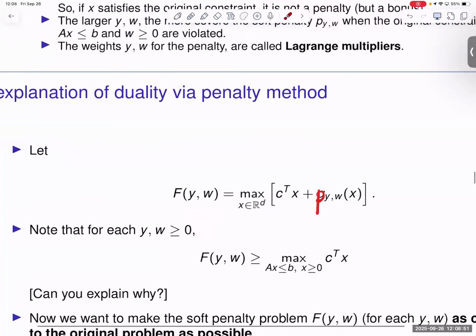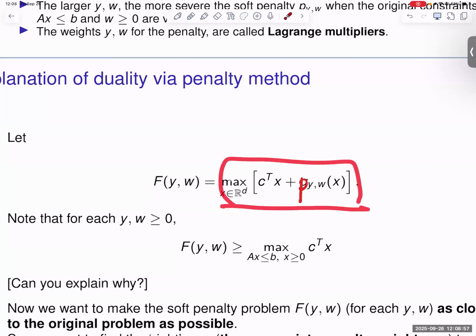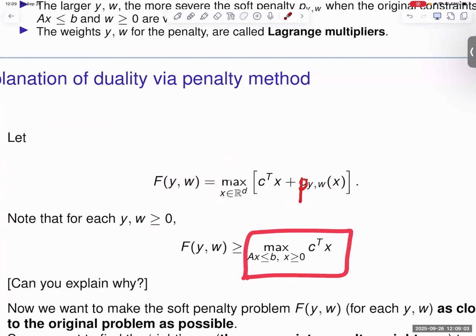Okay, but one observation is that this value, for any y and w non-negative, is always bigger than or equal to the original maximum value of the original problem. Can you see why? Yeah, so let me just repeat what he said.